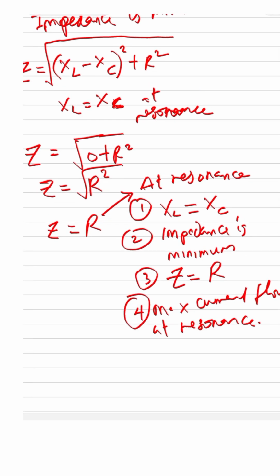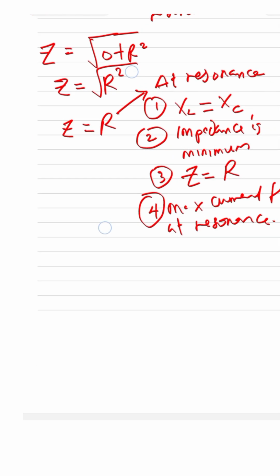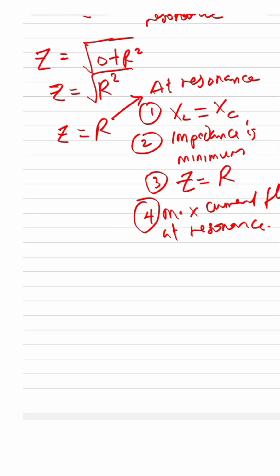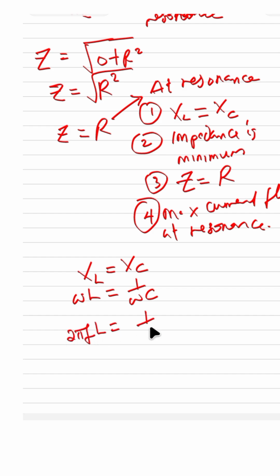Then because XL and XC are the same, you can get a formula that will give you the resonance frequency. Because XL and XC are the same, what is XL? XL is omega L. What is XC? XC is 1 over omega C. From here, omega is 2 pi F. So 2 pi FL equals 1 over 2 pi FC.